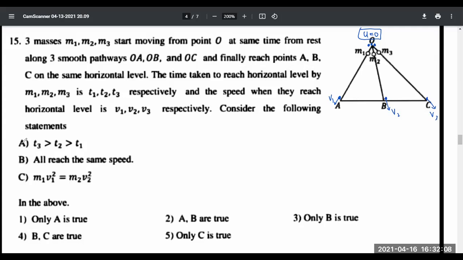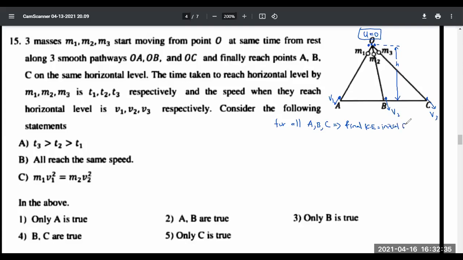Now statement A, first of all, before that, let me analyze something. For all A, B, C, something is common. They all start from the same height, right? So for all three of them, you can use this equation: final kinetic energy is equal to initial gravitational potential energy.